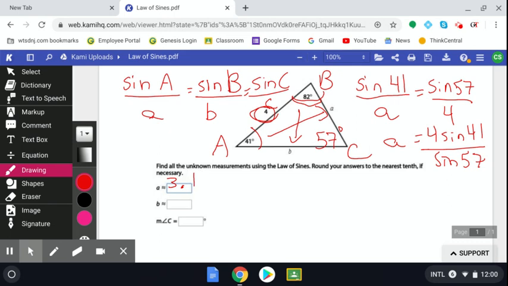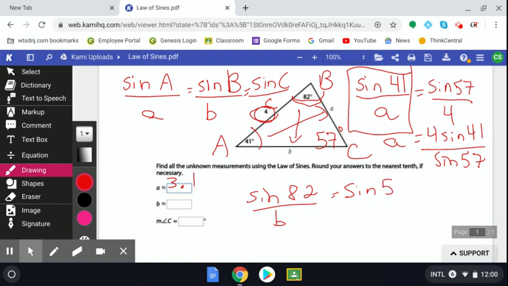For small b now, I can actually do the same thing, except this now is going to be from angle B's perspective. So I can say that sine 82 over small b is equal to sine 57 over 4. Cross multiply. b is going to be 4 sine 82 over sine 57. Enter that on the calculator.